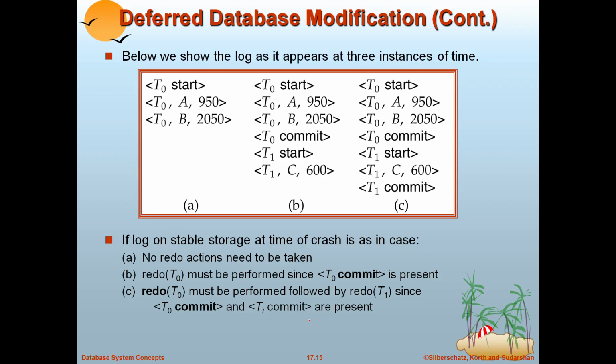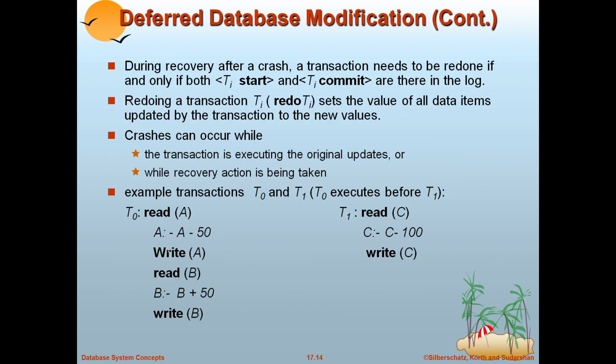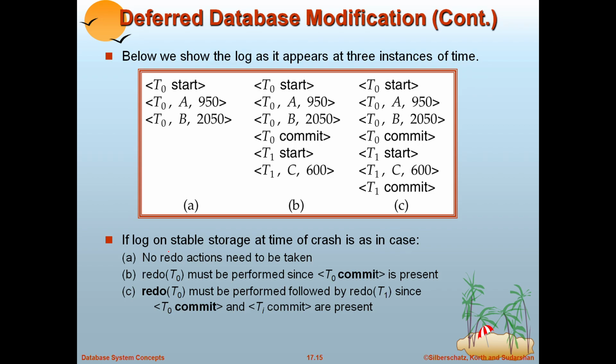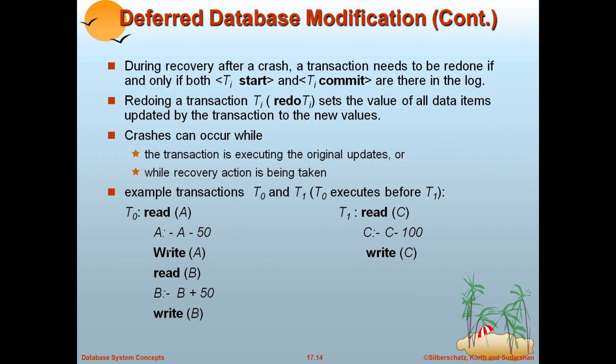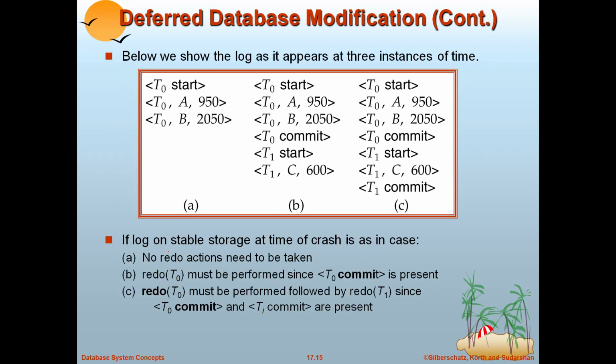So this is the log as it appears in three instances. First one: T0 start, T0 A 950, T0 B 2050. In the first instance, we are doing the start.